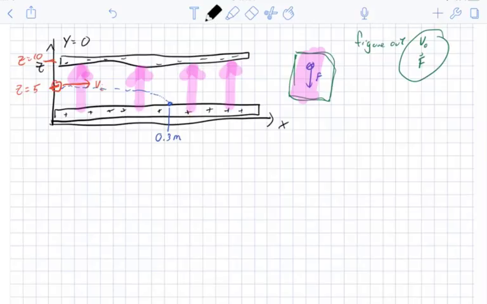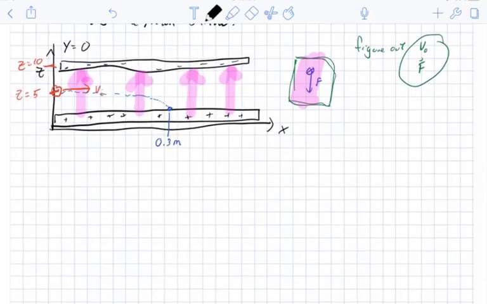How do I do that? Well, I don't know what the force is, so I don't know what the acceleration is. But I do know that the acceleration is going to have a 0 i hat component and some unknown j hat component. Why is the i hat component 0?